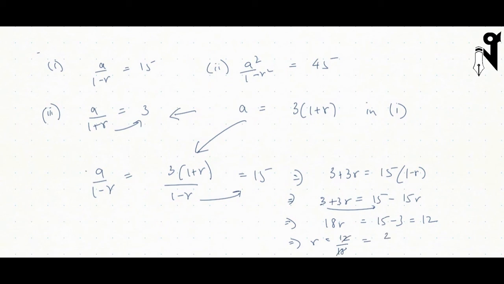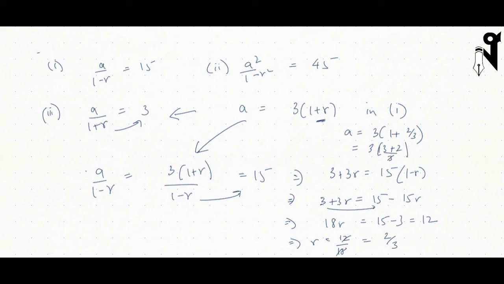Now let's substitute r back in this equation. I have a is equal to 3 times 1 plus 2 by 3, which is nothing but 3 times, I'll take LCM over here, 3 plus 2 by 3, this 3 cancels, and I have 3 plus 2, 5.